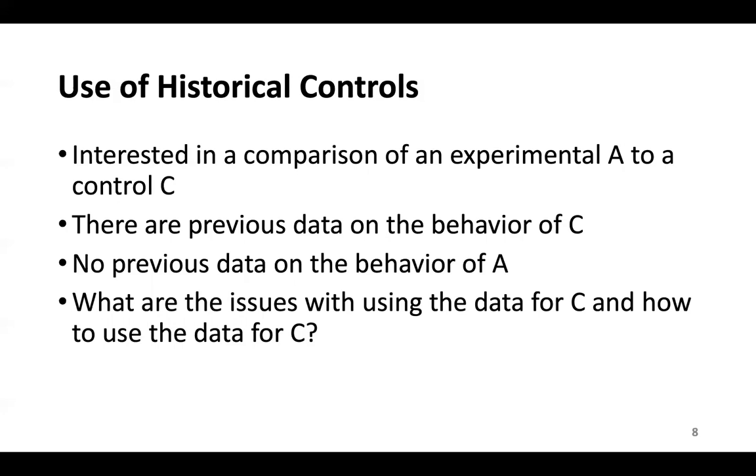We have no previous data on the behavior of experimental arm A. So this is new, and we want to compare it to C. So what are the issues with using data for C, and how do we use that data for C in this? There's multiple ways in which we could explicitly use it in the analysis at the end of this trial.